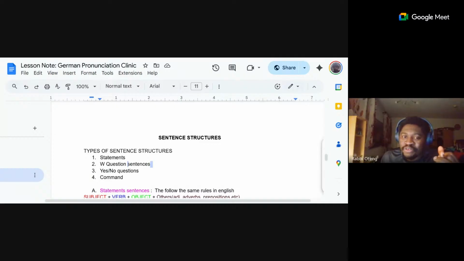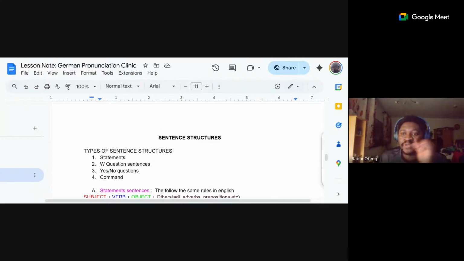Right after the W question, your verb must come. It's fixed at the second position. Clear? Just like the statements. You can't start sentences with adverbs the way you can in statements. The W question is fixed at the first position of the sentence, okay?